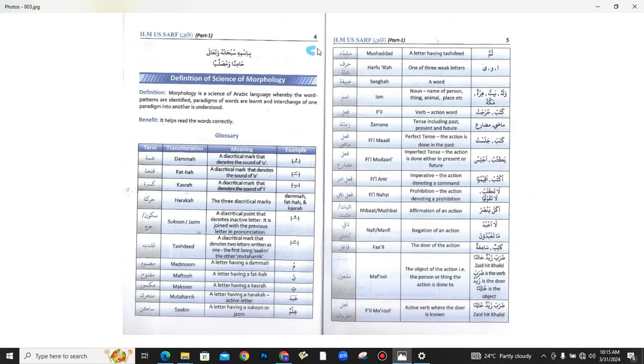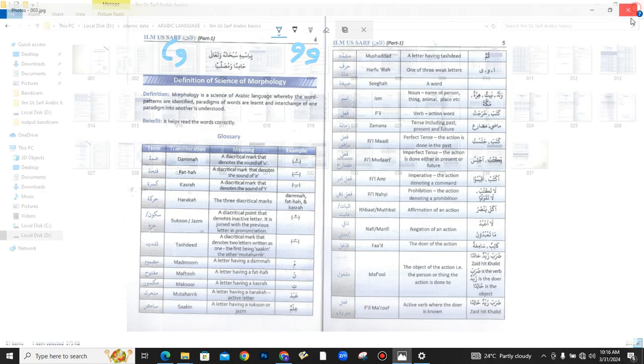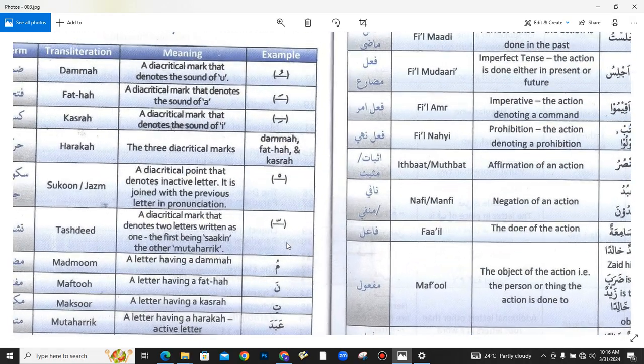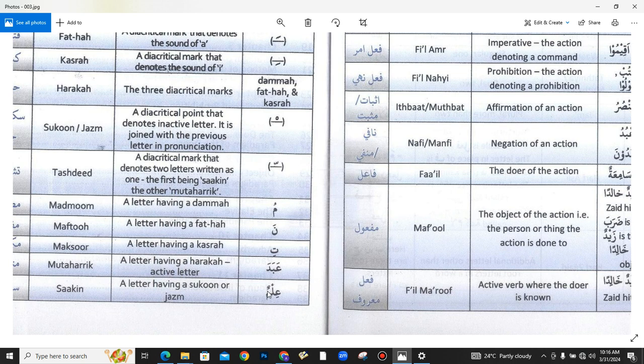This is zamma, and if you want to write two zammas upon a letter, it would be written like this: one zamma and the other one inverted, upside down, like this, okay. So this is the rule of writing two zammas upon a specific letter. So here mim is having two zammas, so we would say that mim is mazmum and there are two zammas, okay.